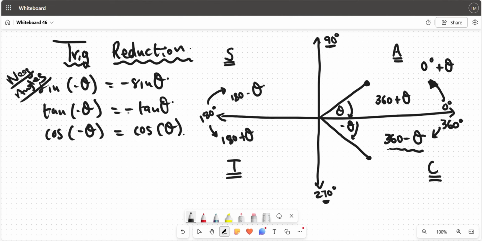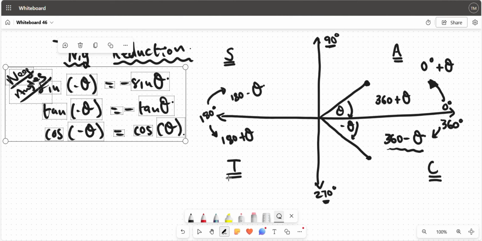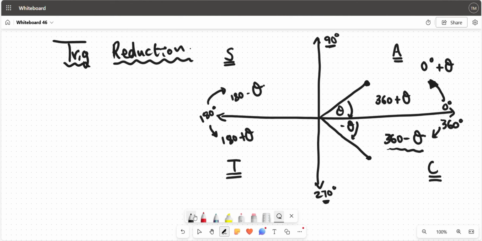Then furthermore, let's unpack how we would reduce if we had angles that were greater than 360. One thing you need to notice about 360, or anything greater than 360, is that if you reduce by adding 360, you're going back to the same point.